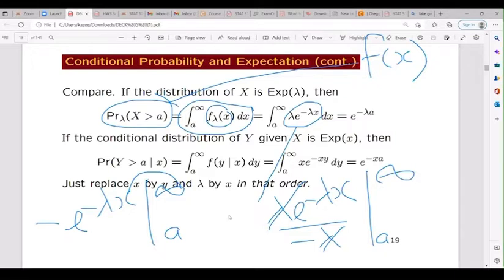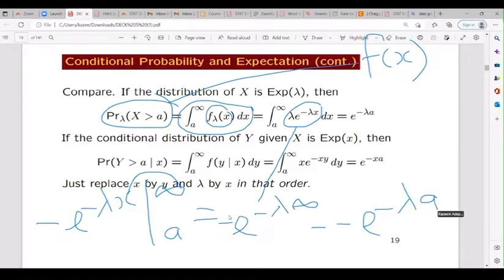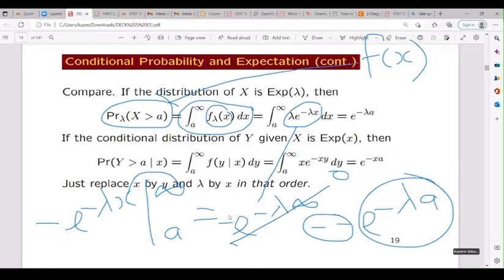So this is going to be negative exponential raised to minus lambda times infinity, minus the lower limit with minus lambda a. Exponential raised to negative infinity is 0, and the minus becomes a plus. Then I have this, and that is why I got that. Take a look at that.